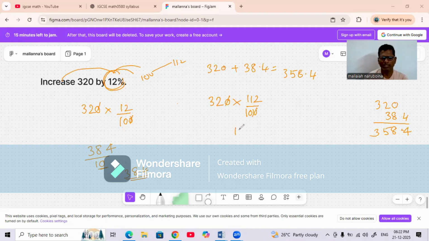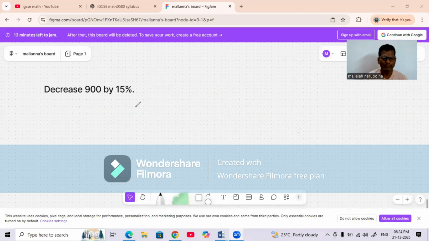Now multiply this 112 by 32. 2 2s are 4, 2 1s are 2, 2 1s are 2, 3 2s are 6, 3 1s are 3, 3 1s are 3, 4, 8, 5, 3. So write 3, 5, 8, 4. We have 1 0 in the denominator, so one number after the decimal. So the final answer will be 358.4.